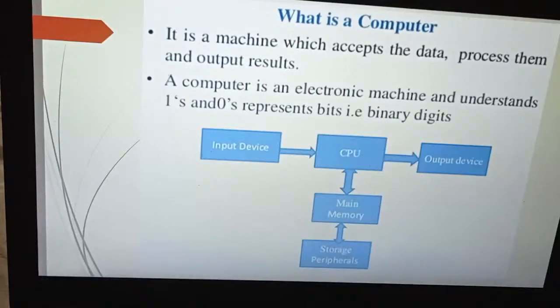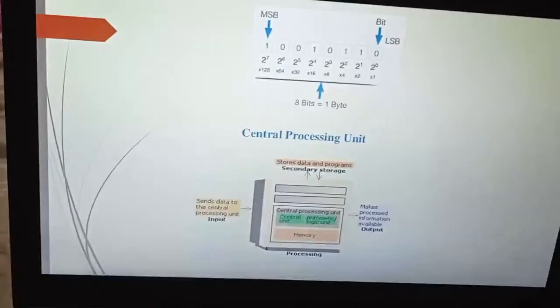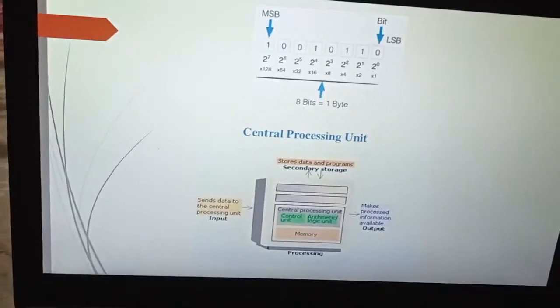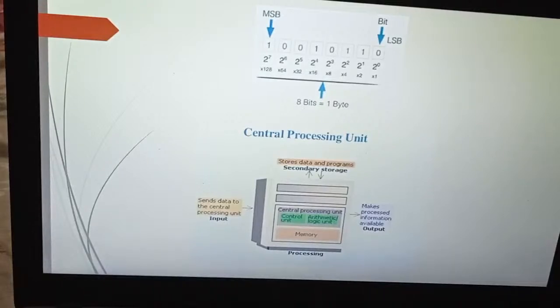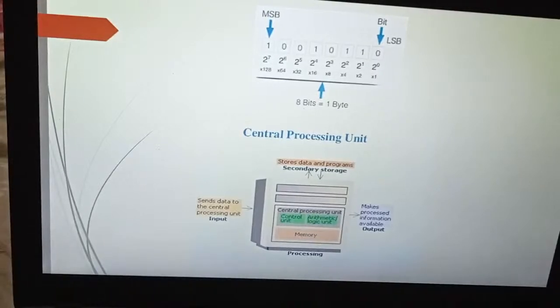Bits in a byte are numbered from 0 to 7, starting with the least significant bit and ending with the most significant bit, and they represent 2 power 0, 2 power 1, 2 power 2, 2 power 3, and so on up to 2 power 7.